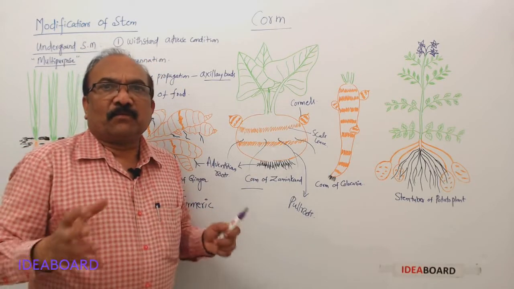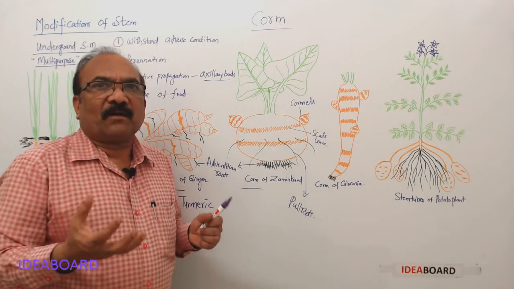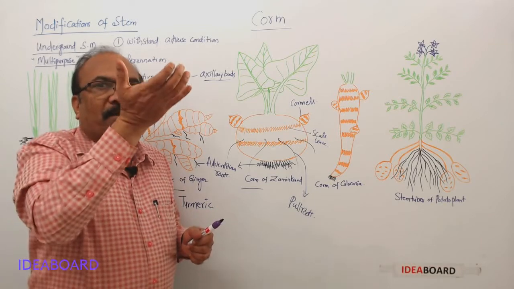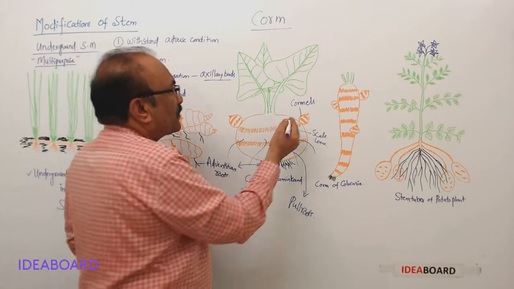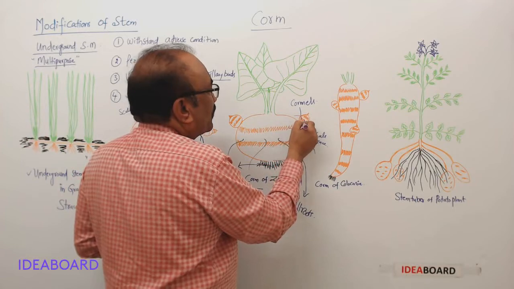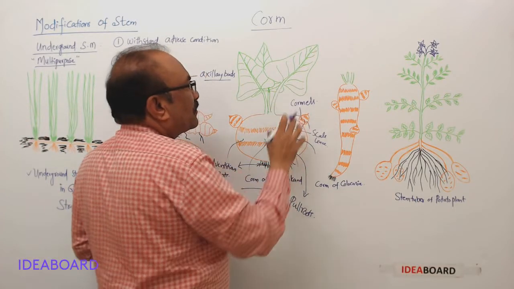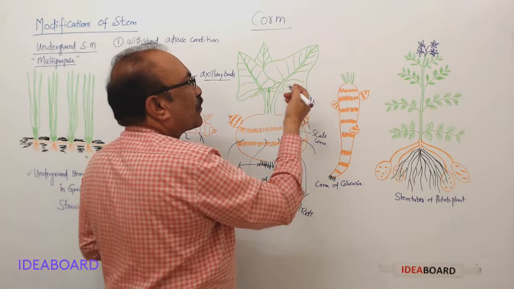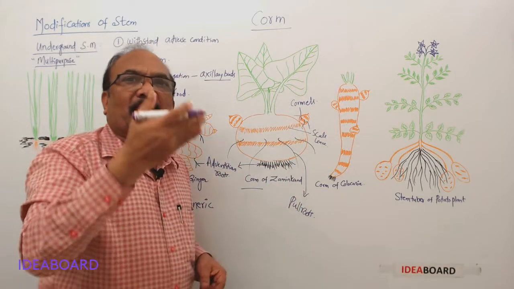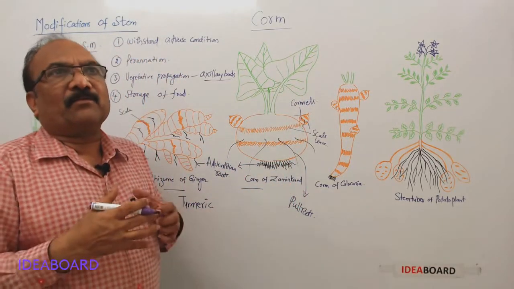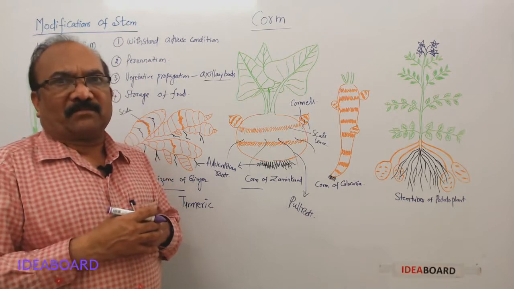That means these pull roots will not allow this corm to go up. Just remember that the daughter corms, if they are not harvested, will again produce one more daughter corm, but the pull roots will keep them in the same place.